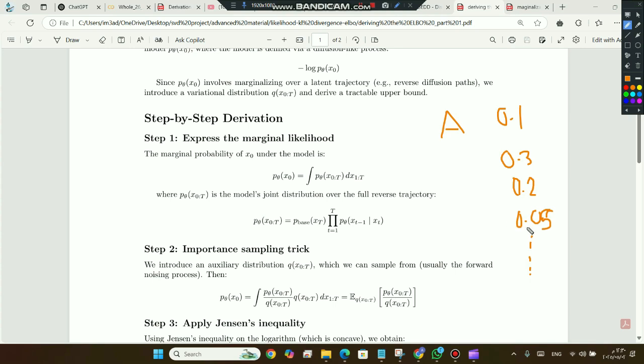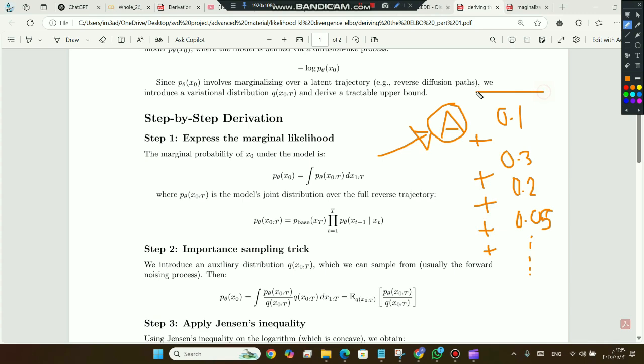So each and every one of those paths will end up with A, right? So what will be the probability of having A as the output of the model? It will be the summation of the probability of each and every single path of those paths.